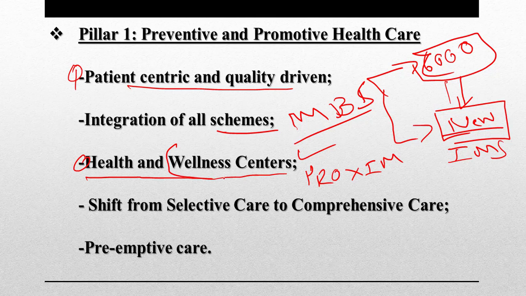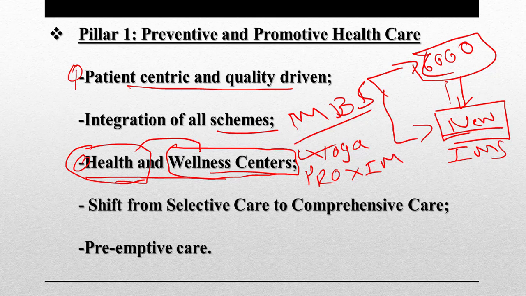When we attach the two terms, health and wellness, that means there would be yoga centers in these health centers. These are basically the primary health centers which are going to be redeveloped or recast as health and wellness centers with new technology, new equipment, and also better manpower in terms of doctors and other staff. So the fourth point is shift from selective care to comprehensive care.